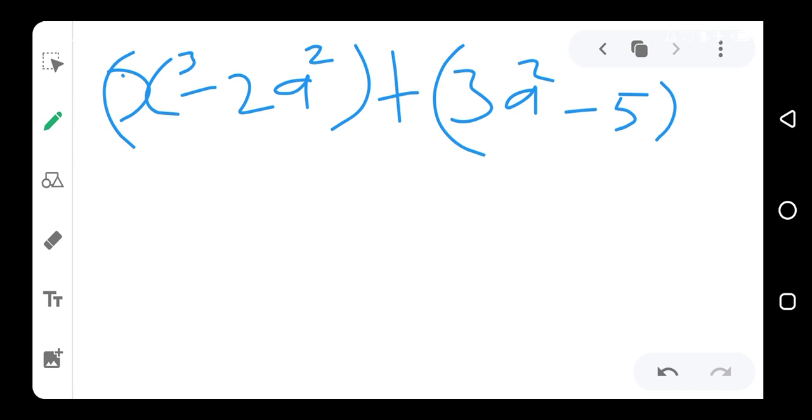We can be asked to add this. Now, how do we do it? Put the same terms in the same column and add.